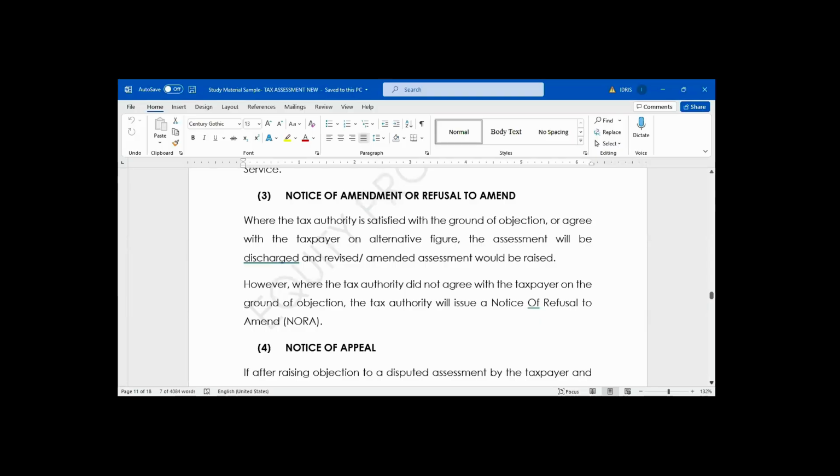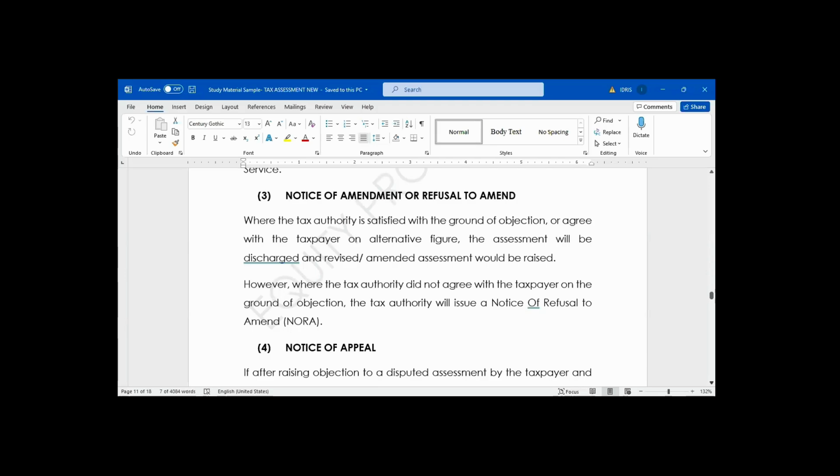If tax authority receives your notice of objection, they will review it. If they are satisfied with your argument in your notice of objection, they will amend the notice of assessment. That means they will reduce the tax liability stated in the notice of assessment.